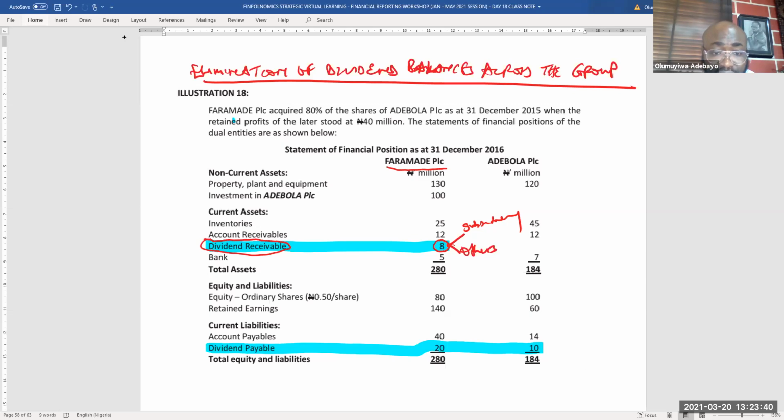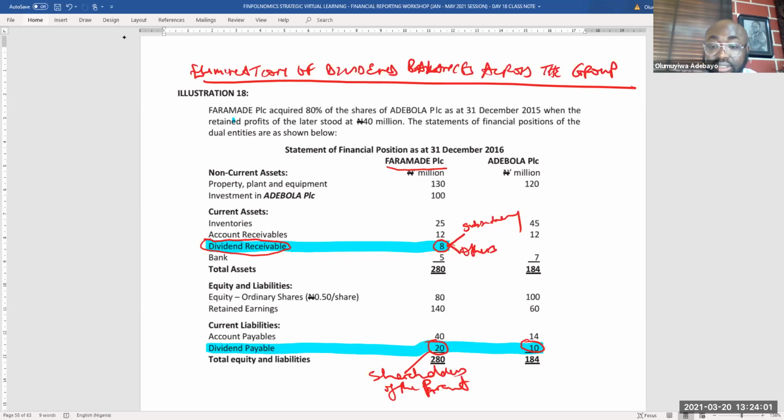Secondly, we look at dividend payable. There are two here. Dividend payable by Paramade, everybody knows that it is to the shareholders of the parent. Is that not?